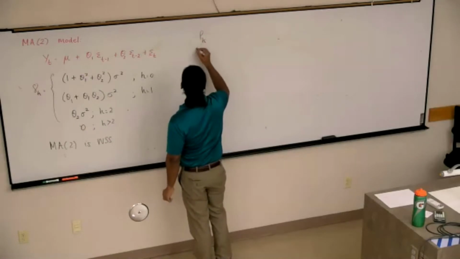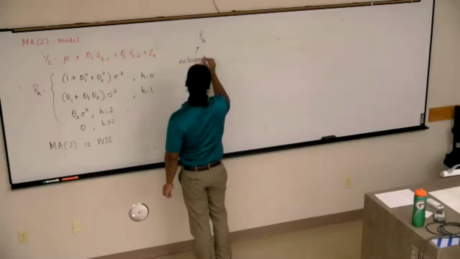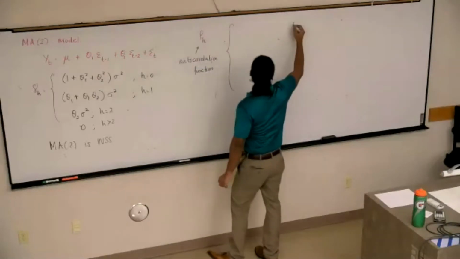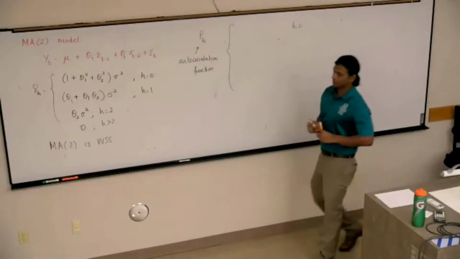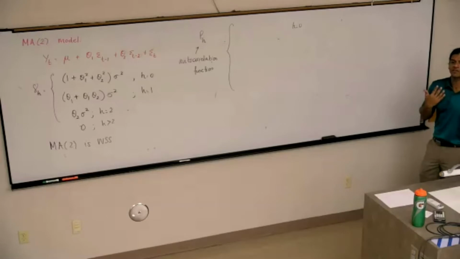Rho h is the autocorrelation function. When h is equal to 0, the series is correlating with itself.